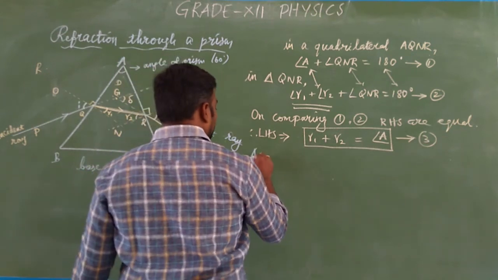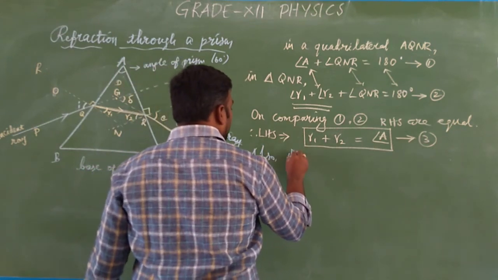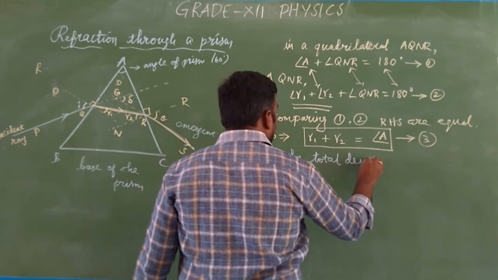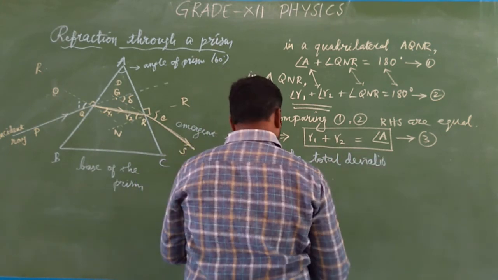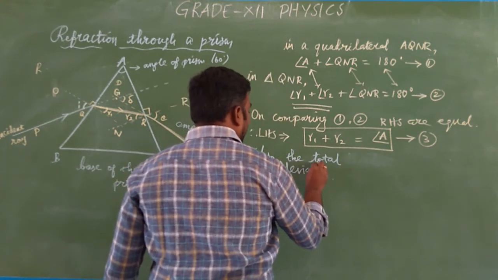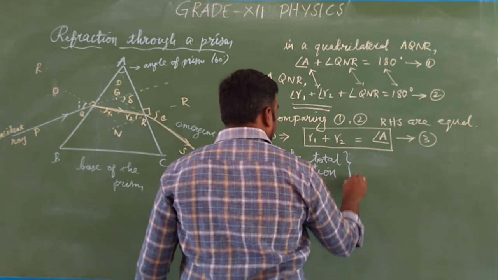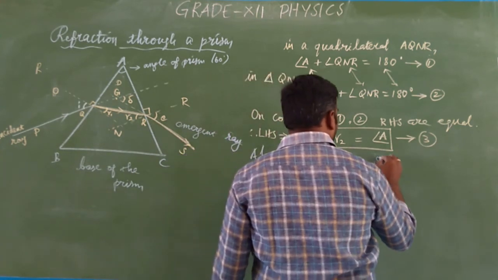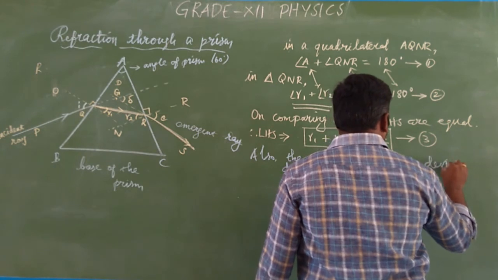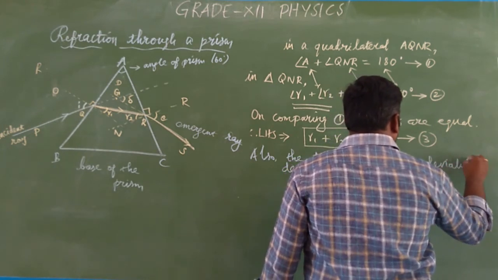Also, the total deviation is the sum of the deviations at the two faces.